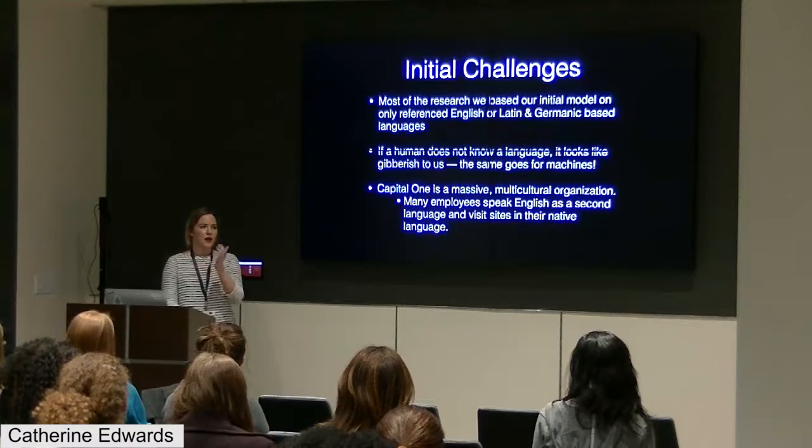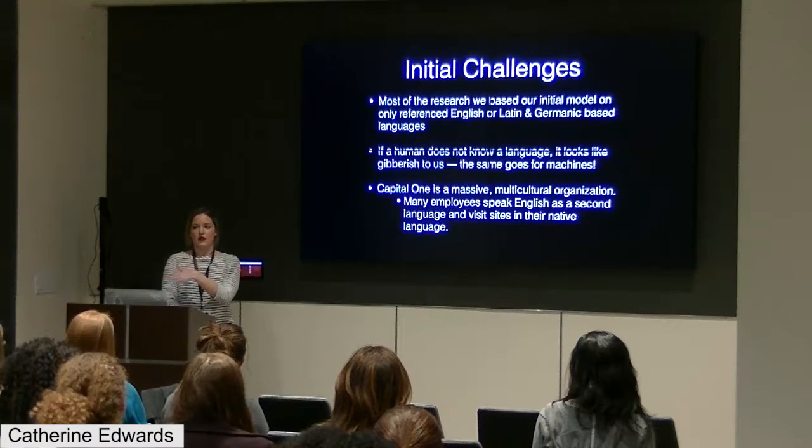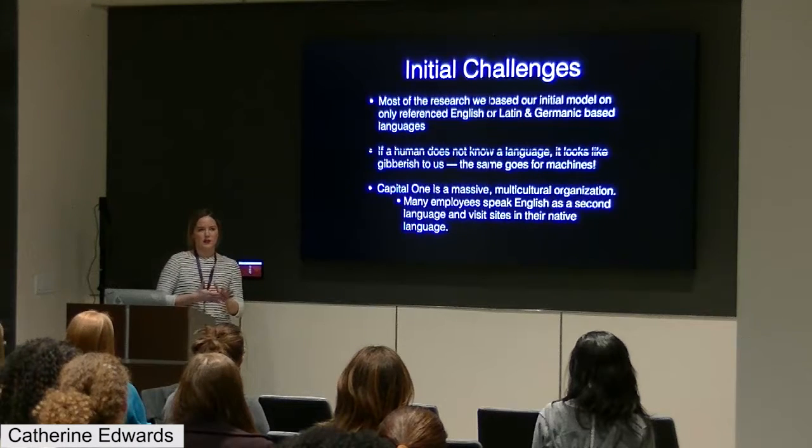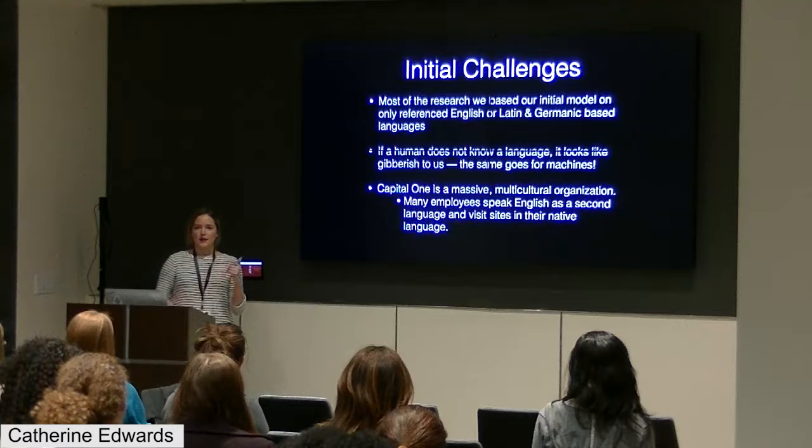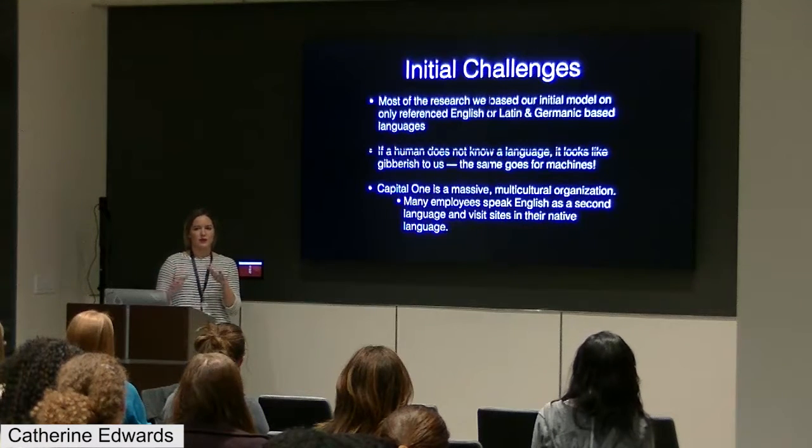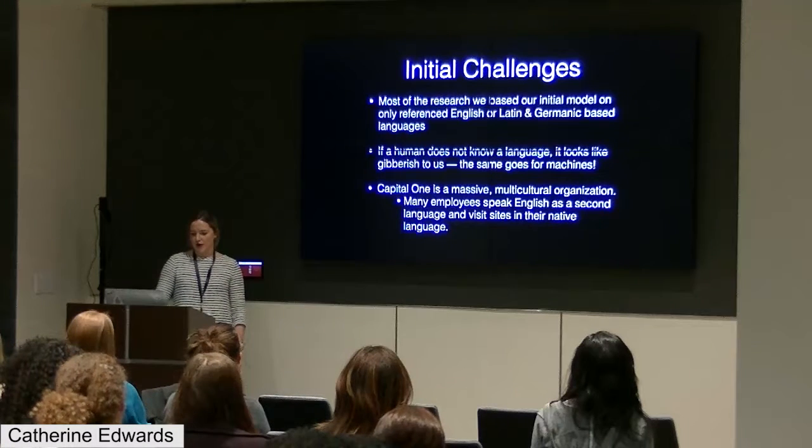And so during the workday, a lot of these people are going out to domains that have been transliterated from other character-based languages or any other language into English. Almost all of the research that's been done on DGA has been in the Latin and Germanic-based languages space. So that was a huge issue that we ran into right off the bat.